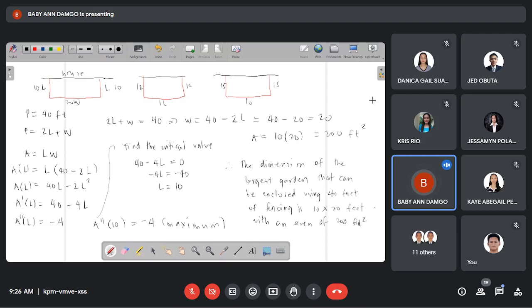Okay, so that's how we maximize or minimize, using the first or second derivative.